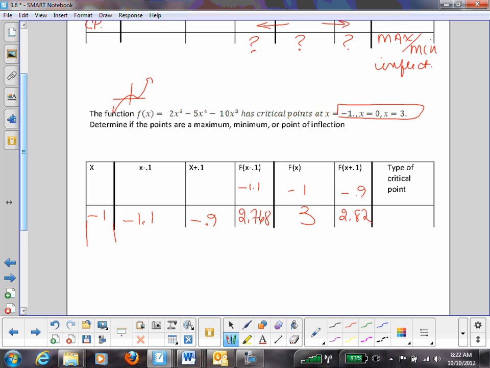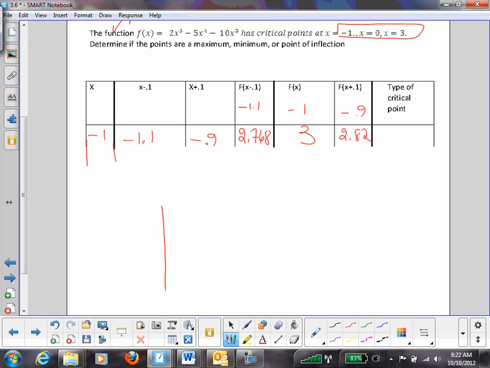But at negative 1, I'm at 3. And a little bit to the left, I'm a little bit down. And a little bit to the right, I'm a little bit down. If you can't see it, plot it.